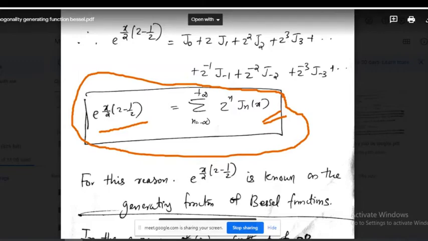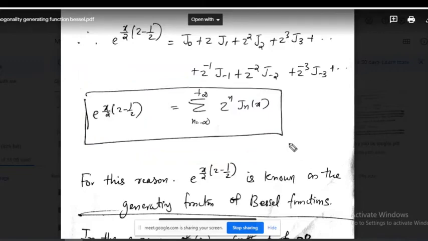So we say this is the generating function for the Bessel function.